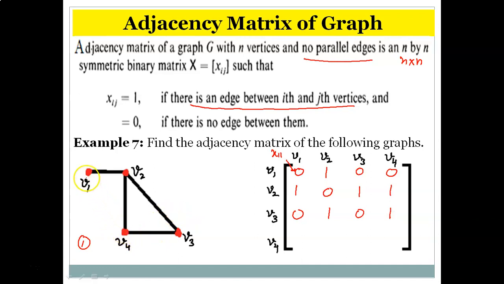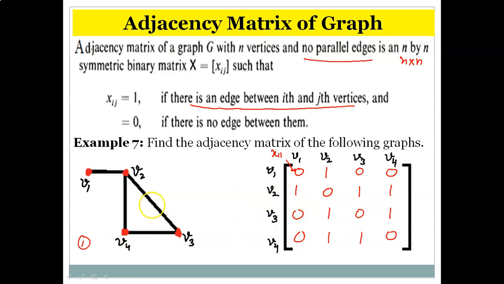V4 to V1, there is no direct edge, so you write 0. V4 to V2, yes, there is a direct edge, so below V2 you write 1. Then V4 to V3, yes, there is an edge, so write 1. And V4 to V4, no, so this is 0.